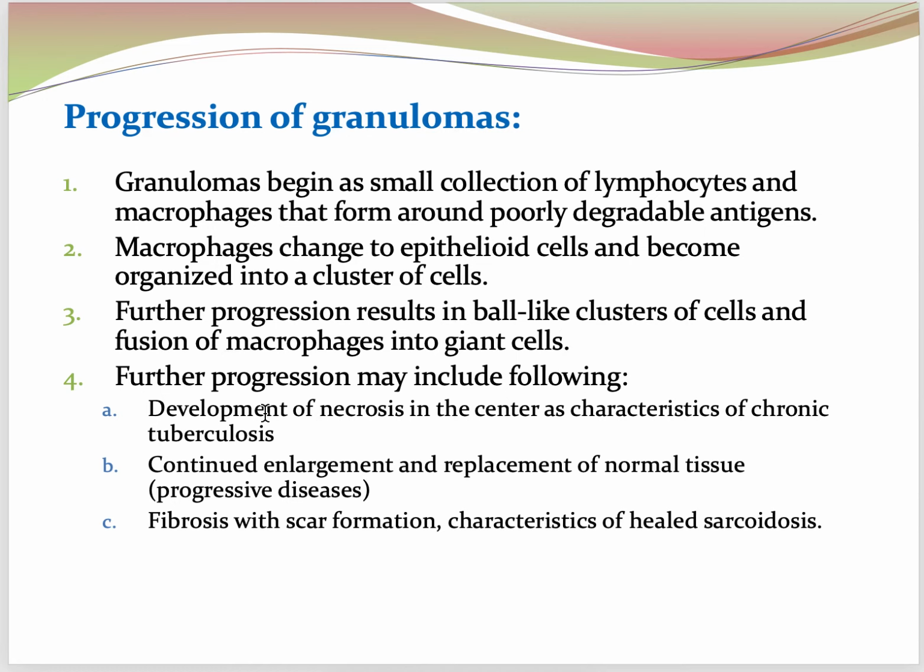Those include development of necrosis in the center, as characteristic of chronic tuberculosis, or continued enlargement and replacement of normal tissue. This can cause progressive disease, as the size of the granuloma will increase with time. Or fibrosis with scar formation, characteristic of healed sarcoidosis. So these were the descriptions.